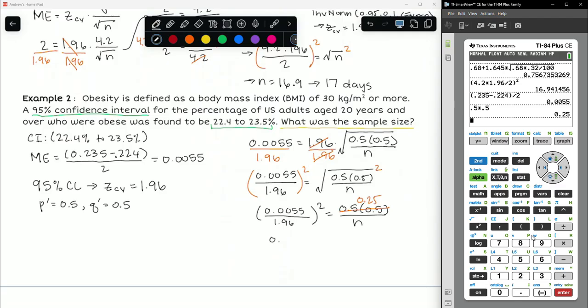So 1.96 over 0.0055 squared equals n over 0.25. And I know my last step to undo that division by 0.25, I'm going to multiply both sides by it. 0.25. And whatever that comes out as on my calculator, that should be my sample size.